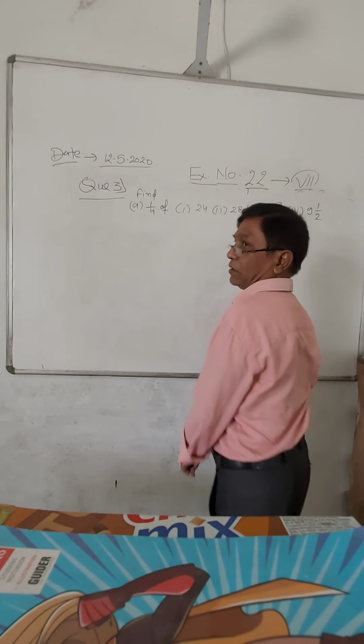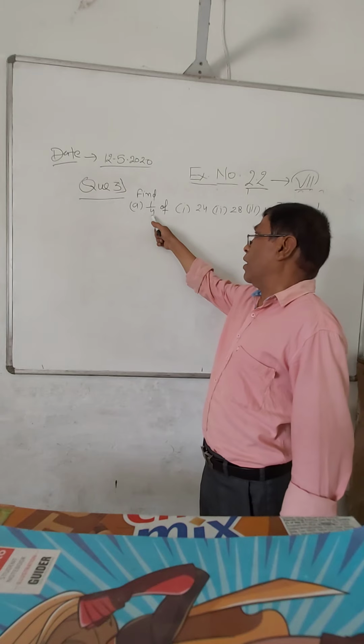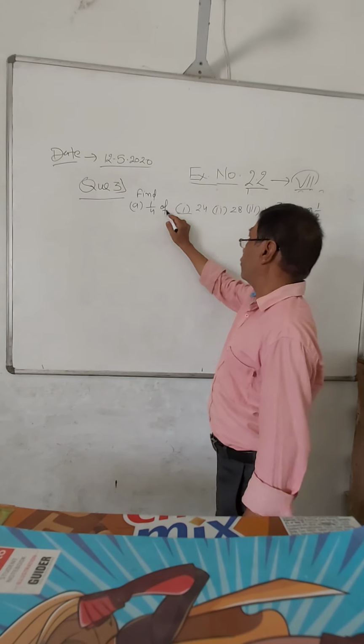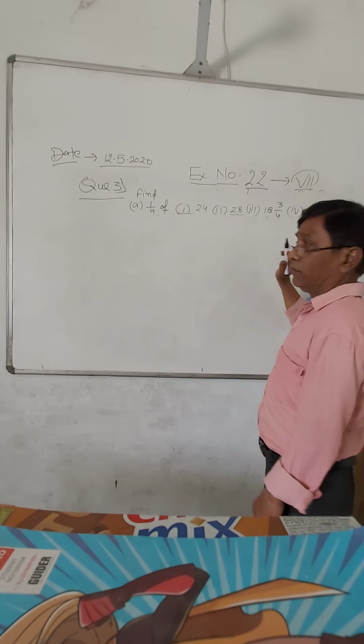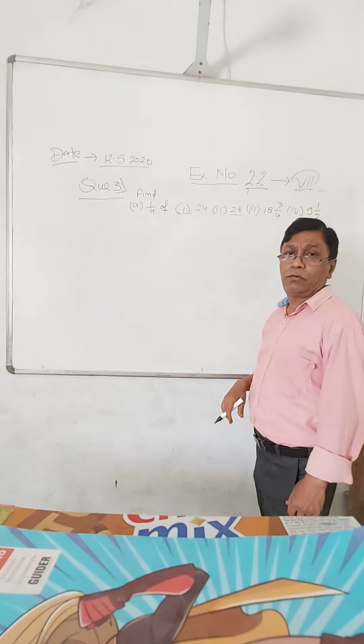This is the question, question number 3. Find 1/4 of 24, 1/4 of 28, 1/4 of 18 whole 3 by 4, and 1/4 of 9 whole 1 by 2. So take one by one.